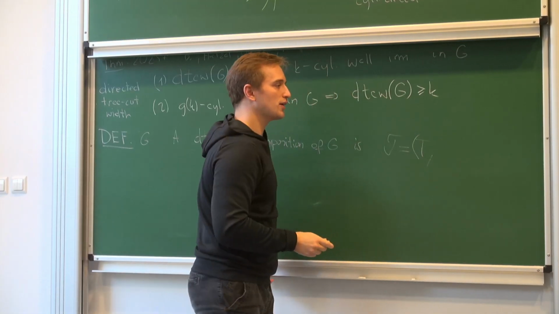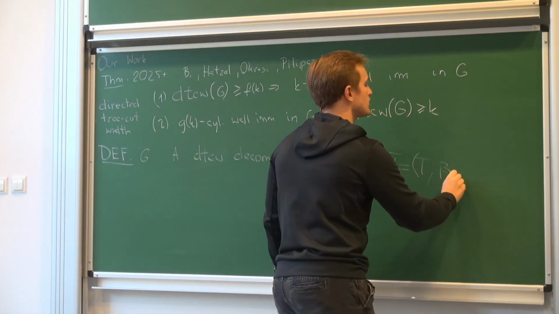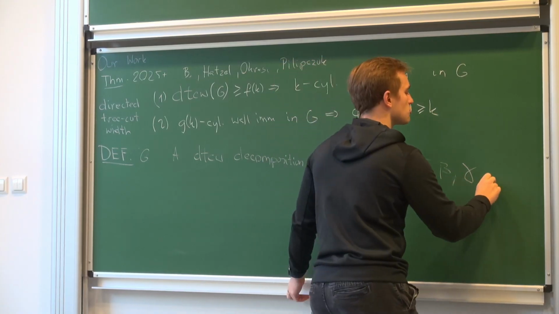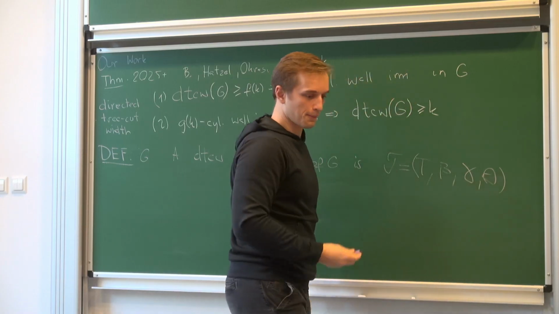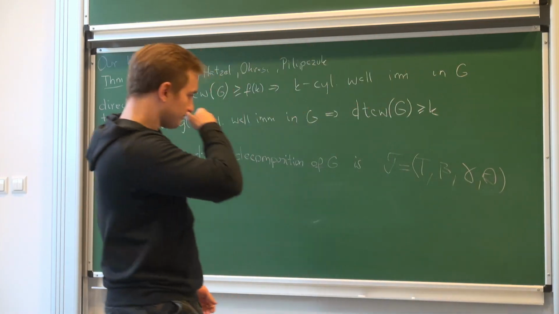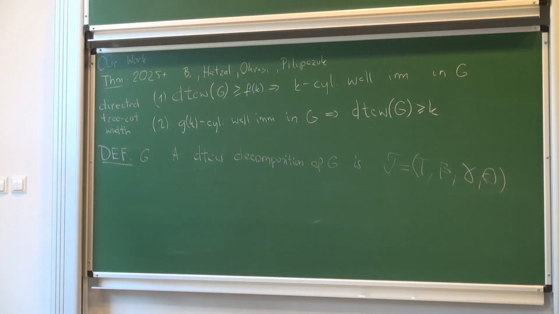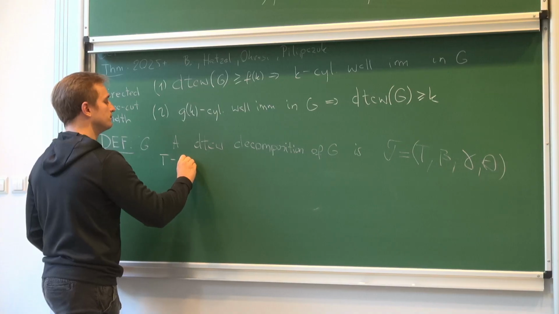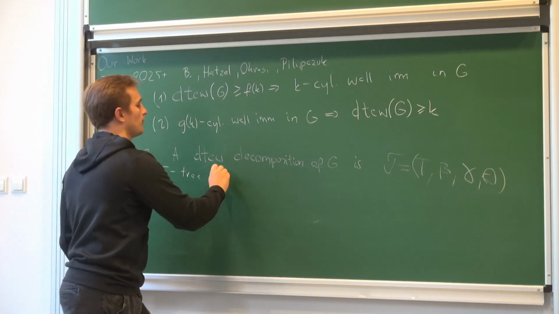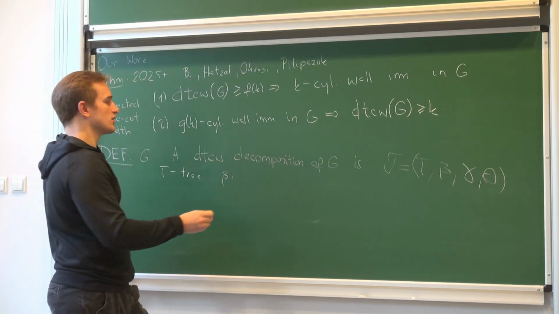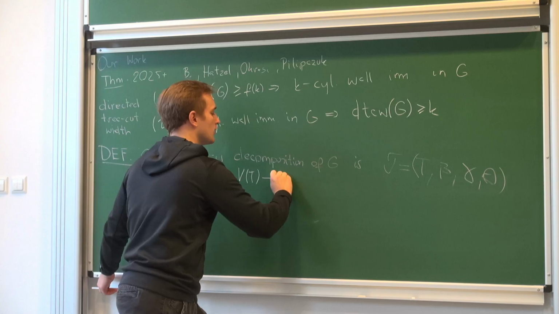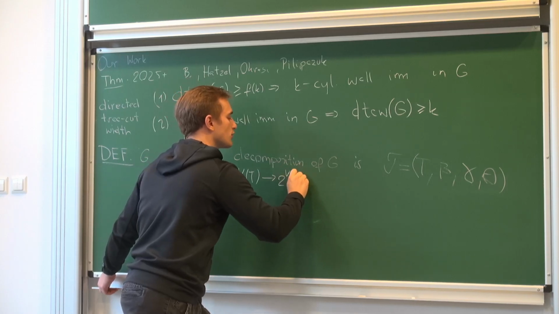So there will be a tree, there will be a near partition function, some edge guard function, and some node guard function. Okay. So what is happening? So T, as you can guess, is a tree. Beta is a near partition. So it's a map from vertices of our tree to subsets of vertices of our digraph.